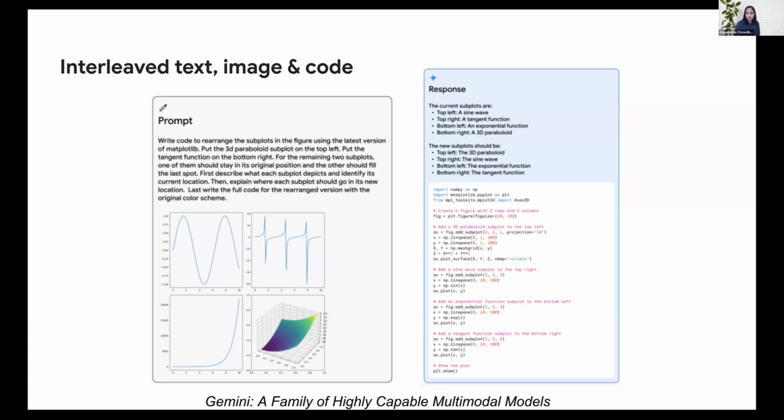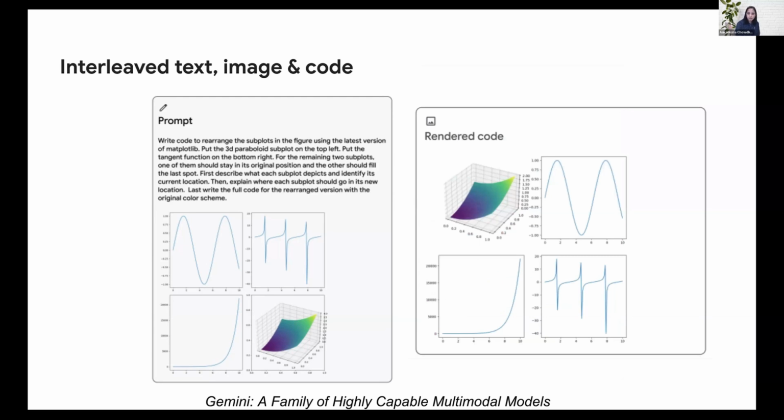Based on the instructions, on the right, the model is generating some code and analyzing what these plots mean. And then it is re-rendering a new plot. So it is able to understand what is inside these plots, how that plot might have been rendered, and then it's able to re-render the plot.